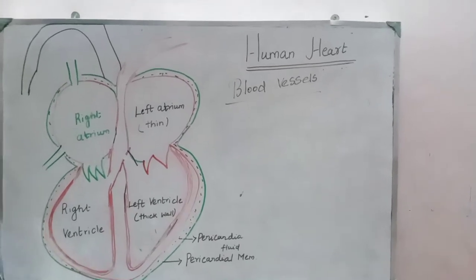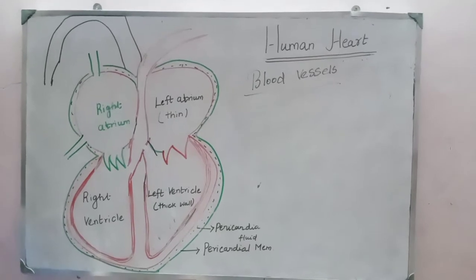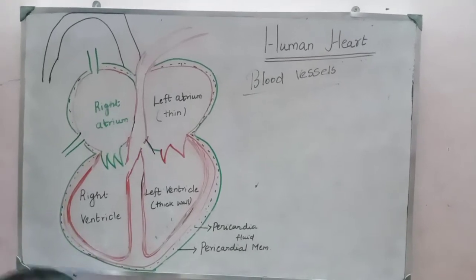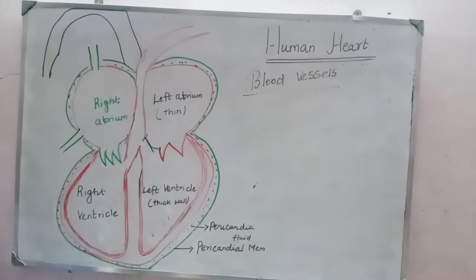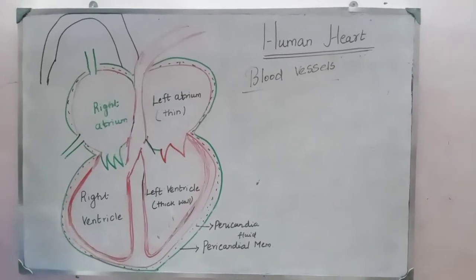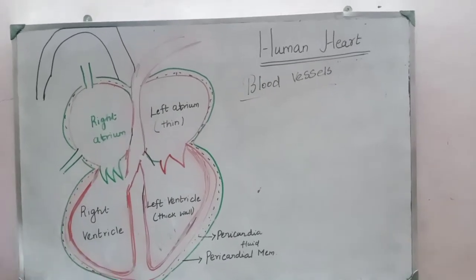One is called the superior vena cava, the inferior vena cava, the coronary sinus, the pulmonary artery, and the systemic aorta. We'll learn one by one.